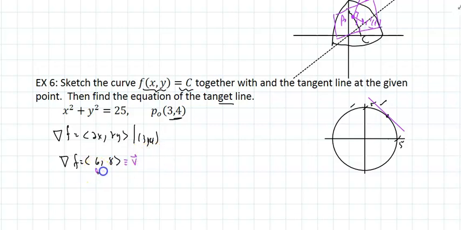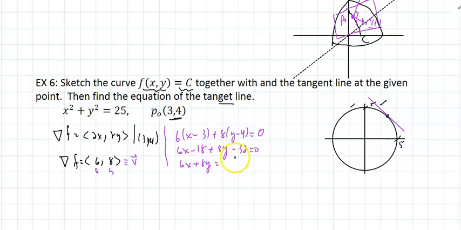So this is like my A, B, and if I take 6 times x minus 3 plus 8 times y minus 4 equals 0, I'll get 6x minus 18 plus 8y minus 32 equals 0, or 6x plus 8y equals 50, or simply 3x plus 4y equals 25.